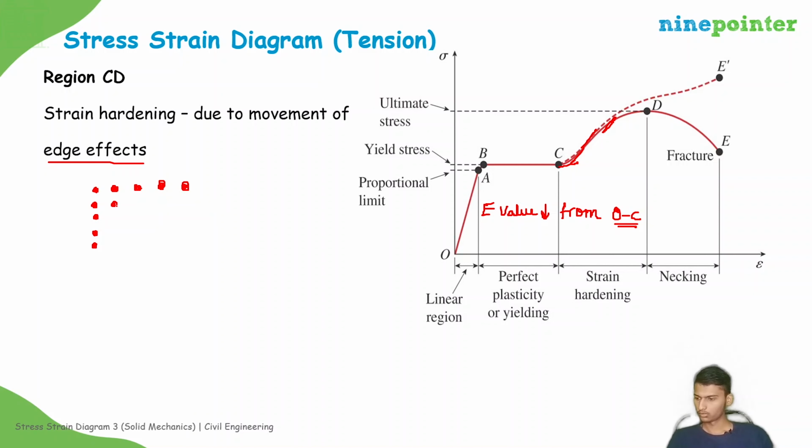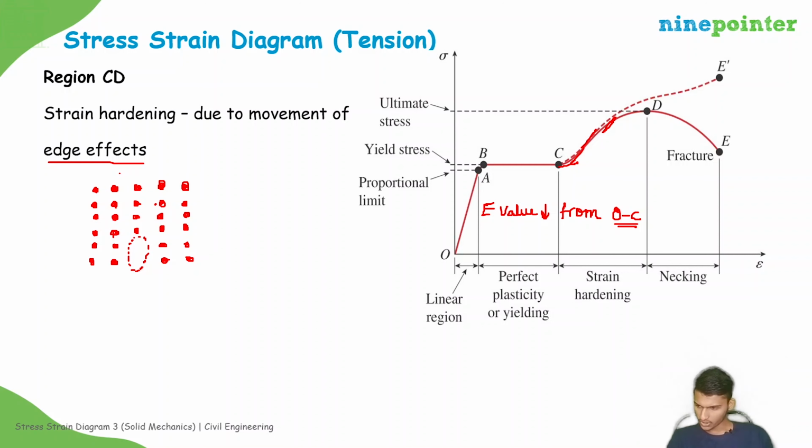In some parts the bonds are not completed, meaning the bonds are incomplete, so those are known as edge defects. So if we draw like this, in this portion there are no bonds, right?